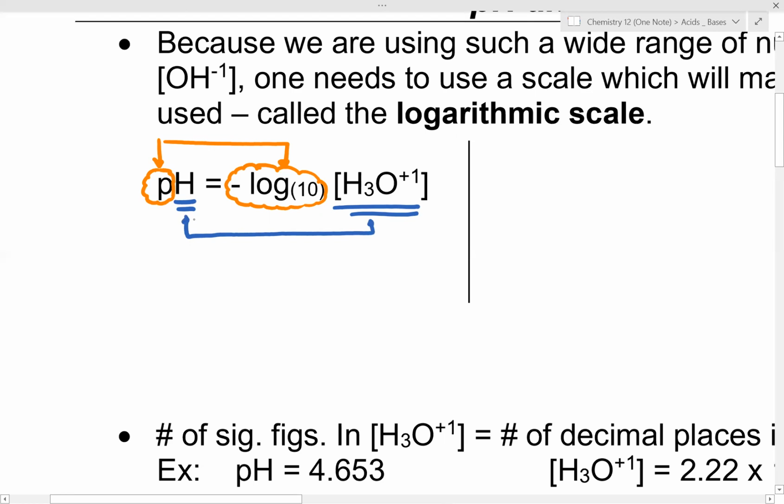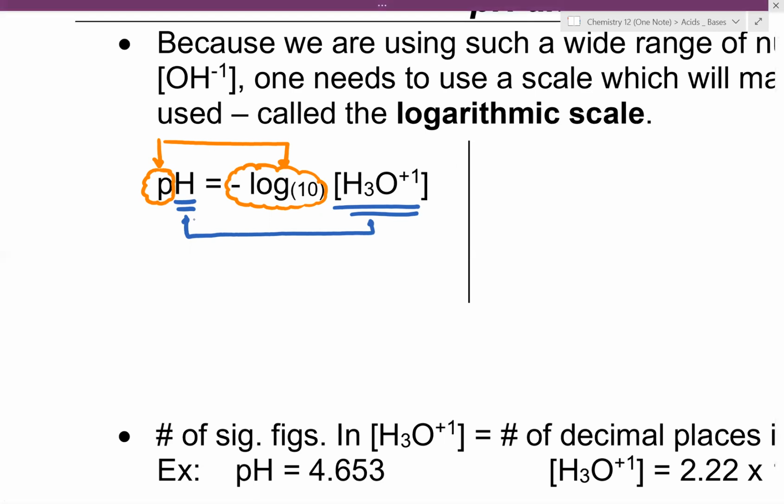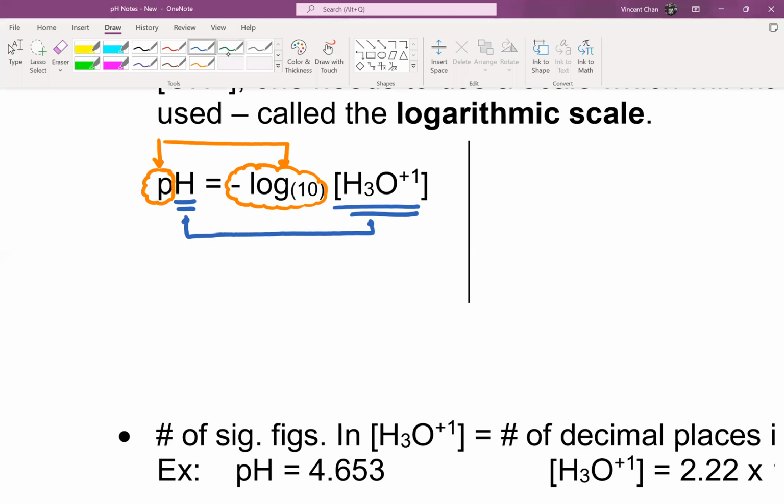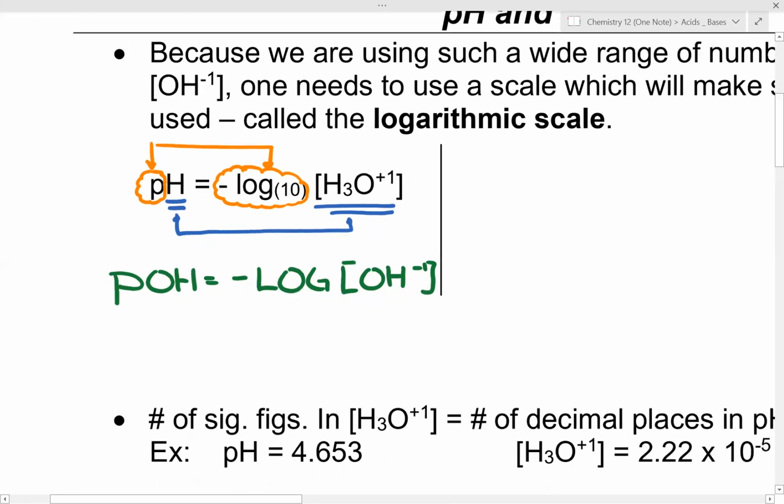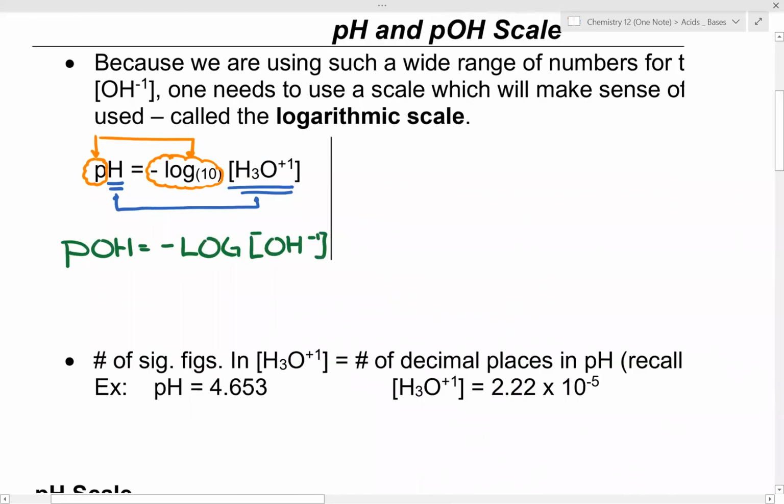So when we say pH, we just basically mean negative log base 10 of H3O plus. Another common unit we use is POH, and POH is just negative log base 10 of OH minus 1. And that's what the P stands for, negative log base 10.